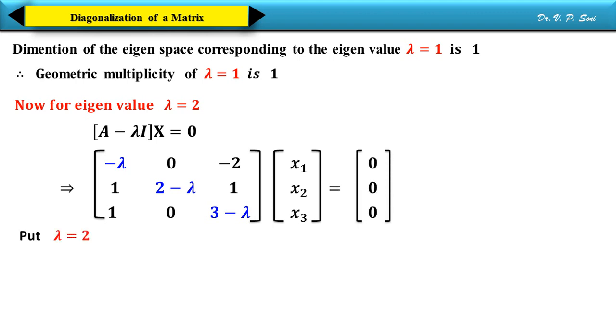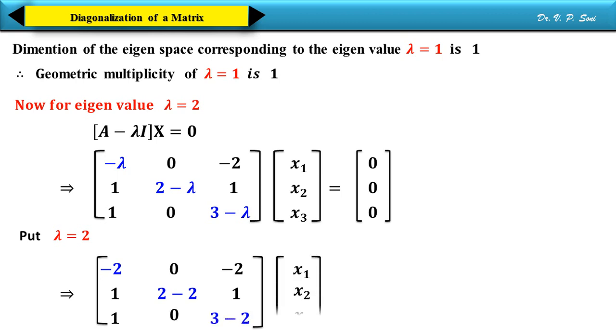Now put lambda equal to 2, then we get matrix whose first row minus 2 0 minus 2, second row 1 2 minus 2 1, third row 1 0 3 minus 2, into column matrix x1 x2 x3 equal to column matrix 0 0 0.